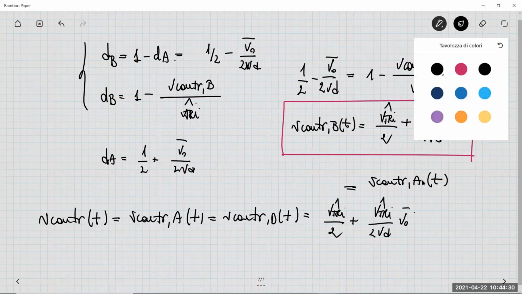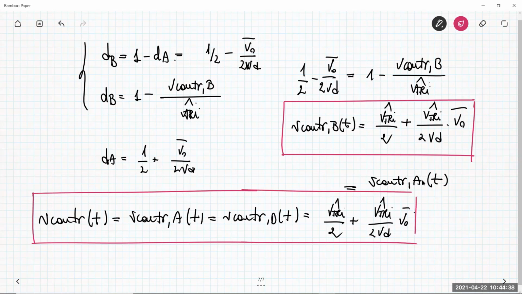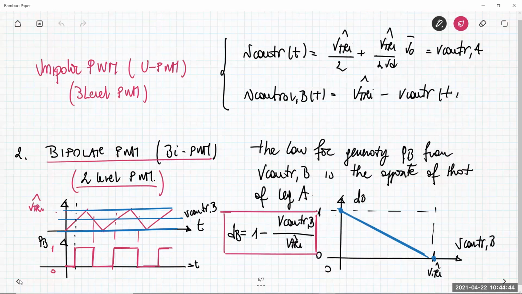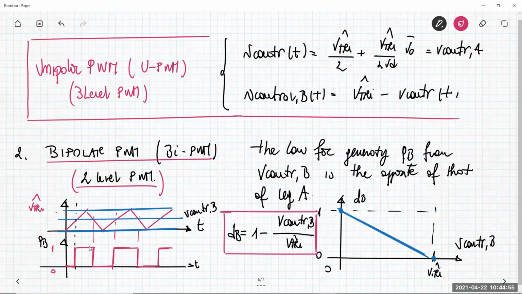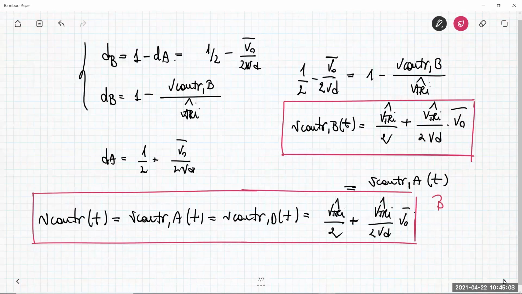Okay, so this happens for the bipolar pulse width modulator. So for unipolar, you have this quantity here, this definition. Okay, for the bipolar one, you get this.